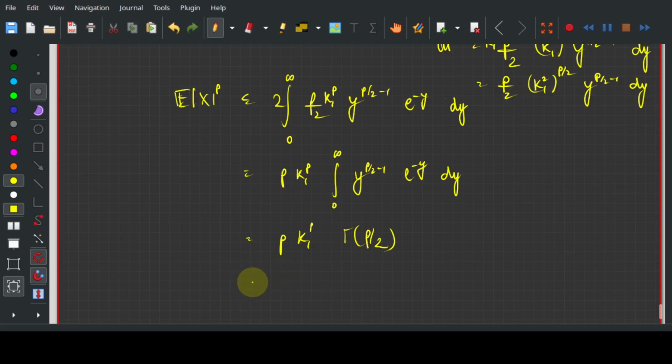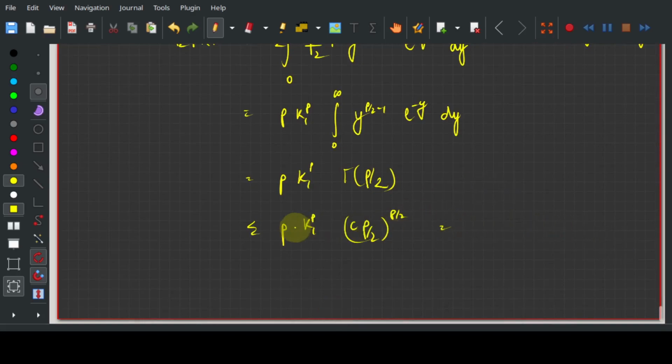So in other words, I can just bound this by p times k1 to the p times some universal constant, times p by 2 whole raised to p by 2. Correct?